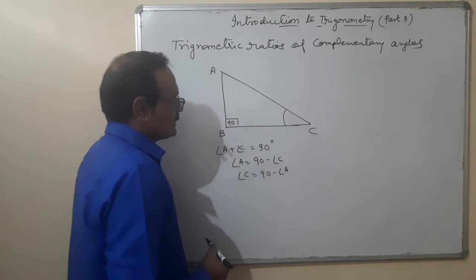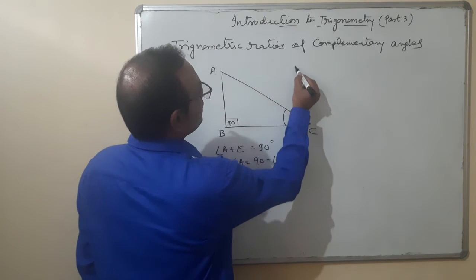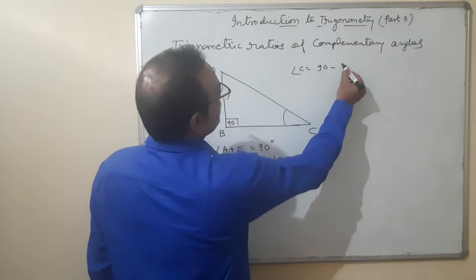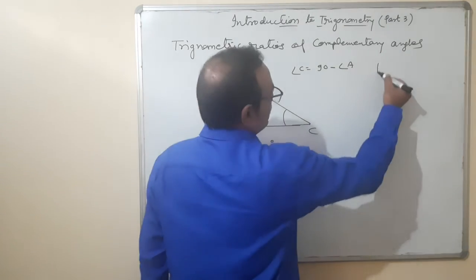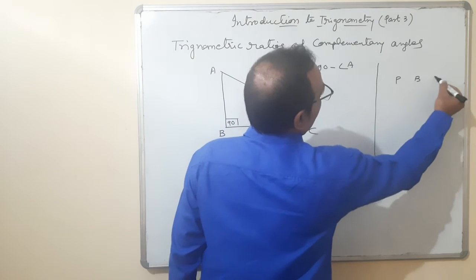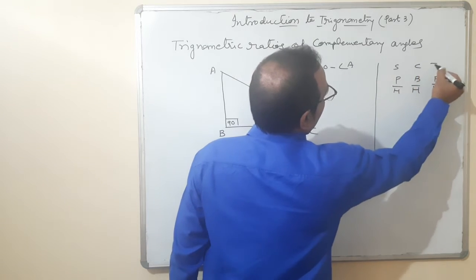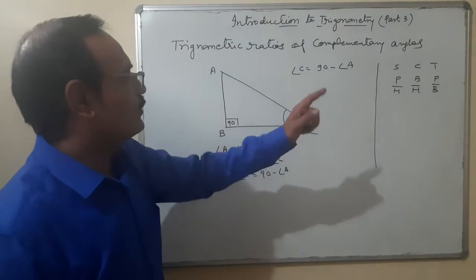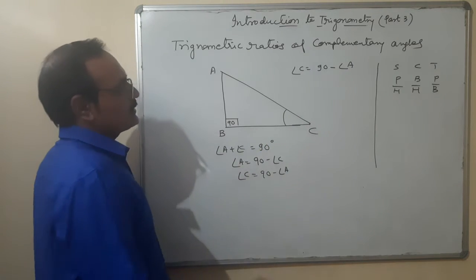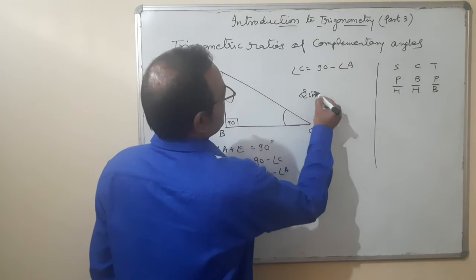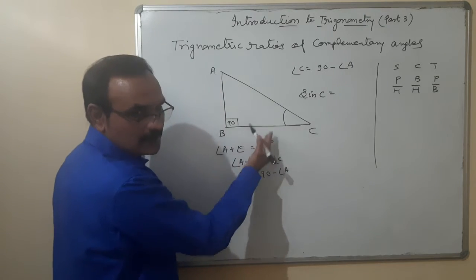Angle C is equal to 90 minus angle A. It's okay, right? And trigonometric ratios, you know, sine, cos, tan. Here, in triangle ABC, I am writing sine C. This angle I have taken, so its opposite side is perpendicular, then base and hypotenuse.